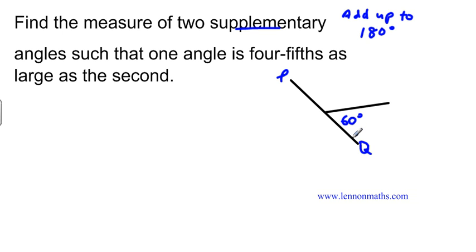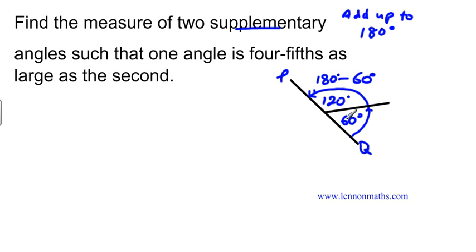the next part will be what? That's 180, the entire angle, the semicircle, minus 60 degrees, which is equal to 120 degrees.